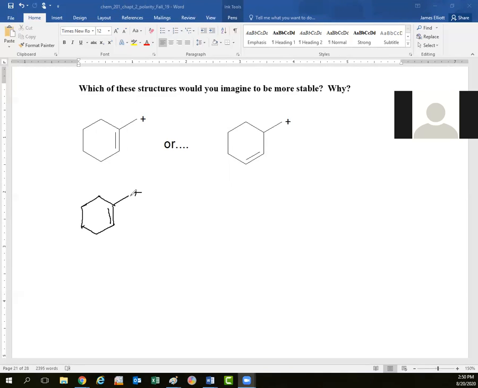And of course, the neighboring carbon here does have access to electrons, and so we can draw a resonance structure for it. I'll draw it straight down, so we're keeping this side clear.